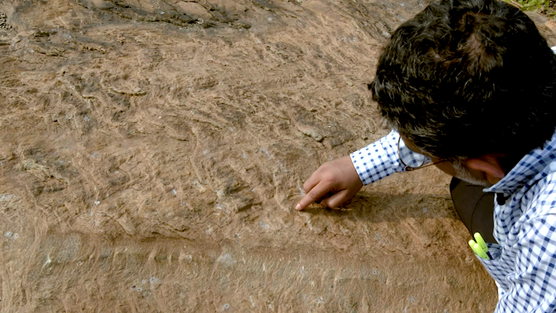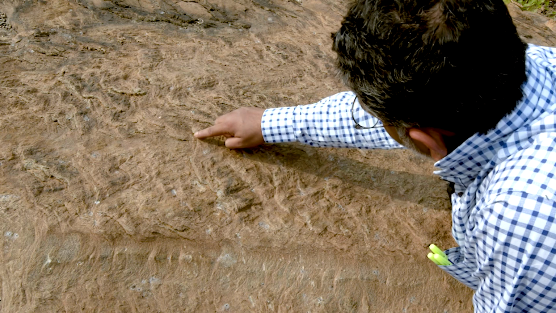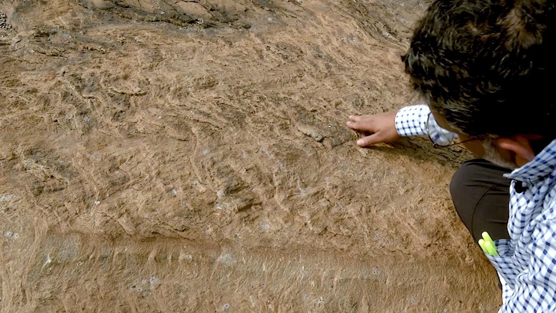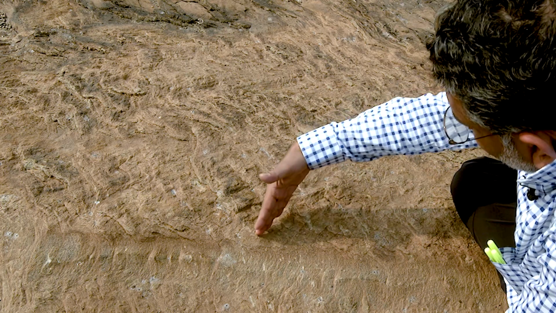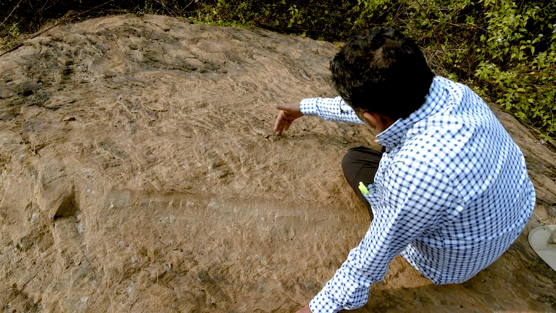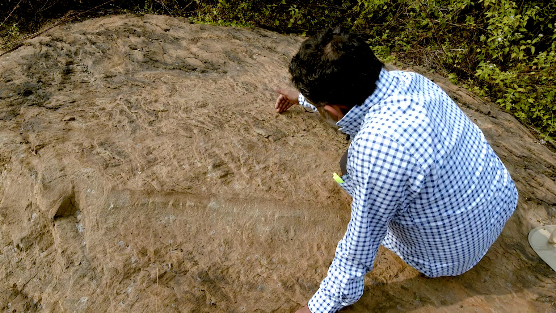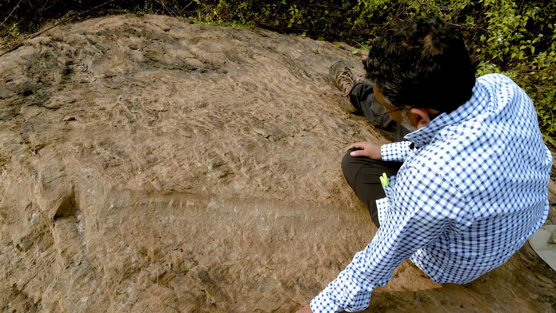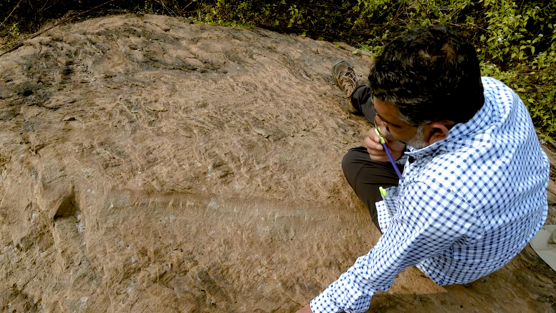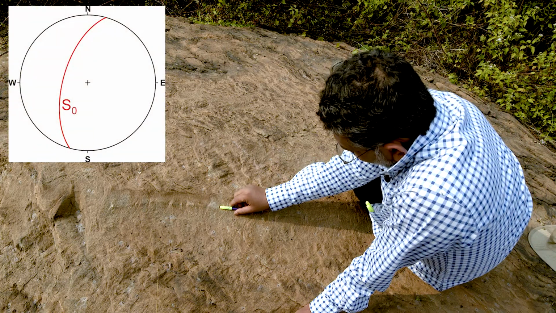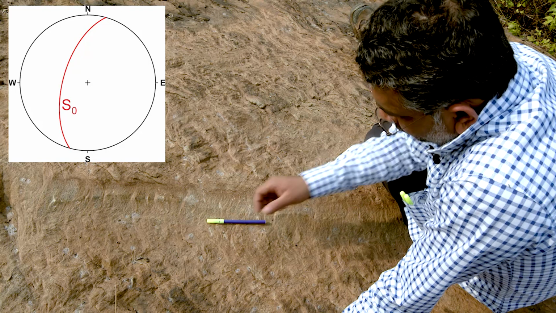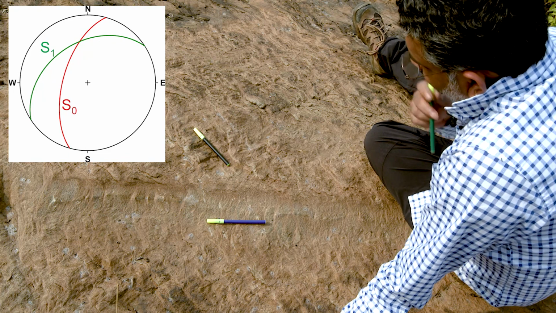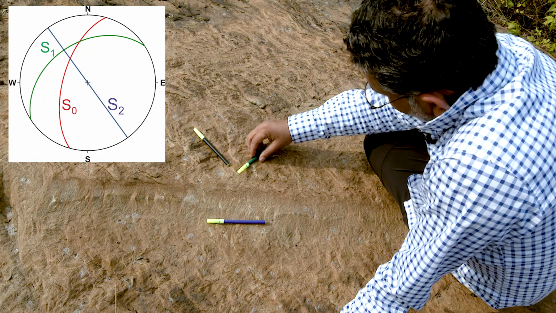So, if these are the tiny little folds that we see here and there over the S1 surface, their traces go like this, and these are the S2 of this area. So, this is the trace of S0, this is the trace of S1, and this is the trace of S2.